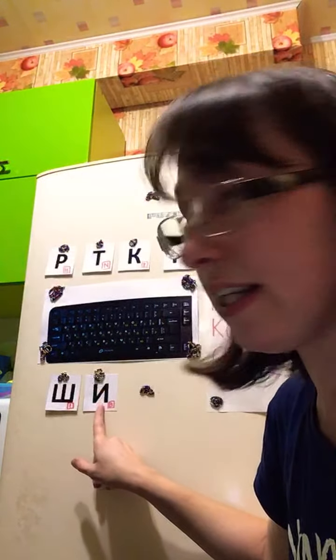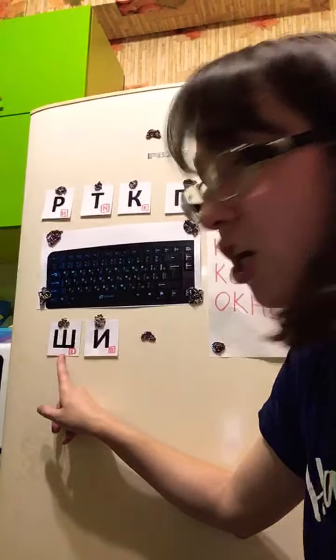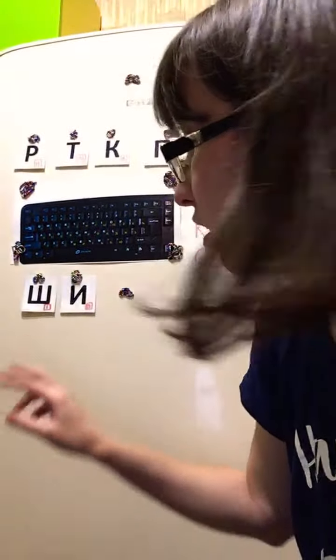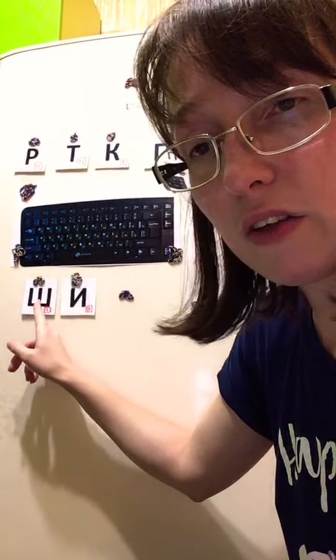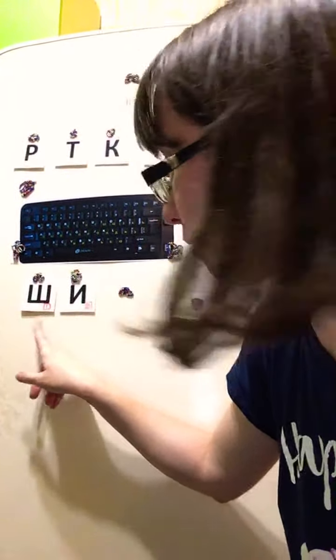And a letter E will be pronounced like U after this sound sh. Listen. She. We can't read it like she, because if we read it like she, then the letter will be different, okay? Not this one. This letter's combination is pronounced only like she.